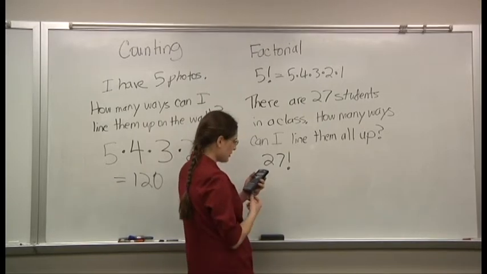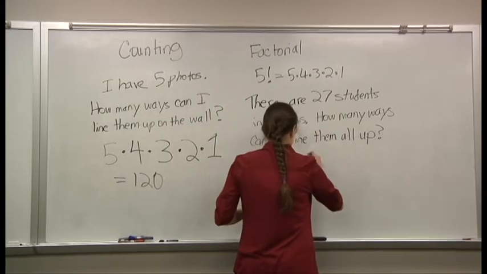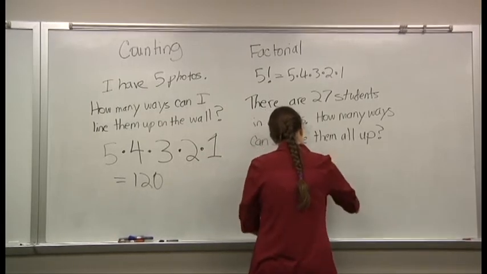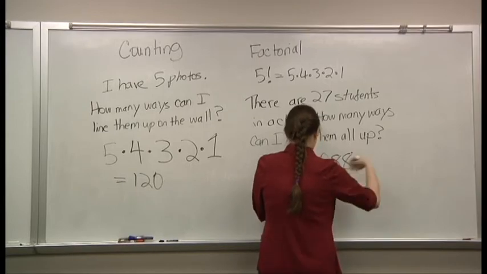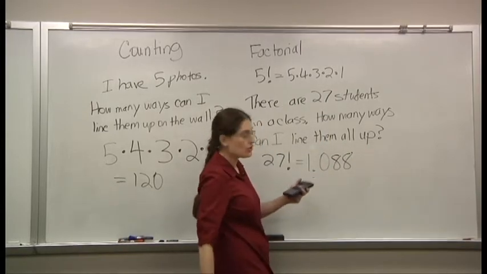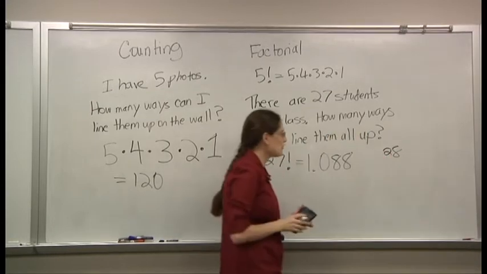My calculator says 1.088 and then a bunch more digits, and then at the end there's a number 28.